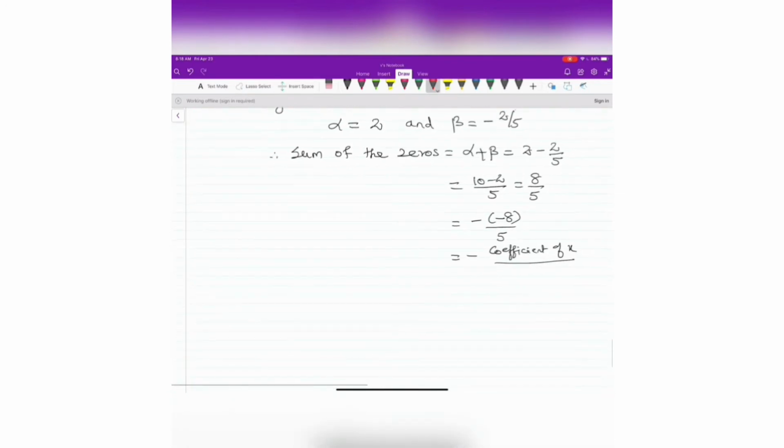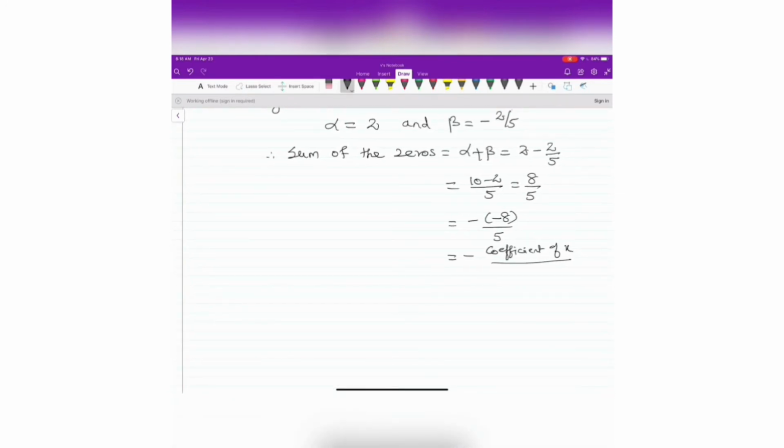So, I can write over here coefficient of x square. So we got sum of the zeros is equal to minus coefficient of x by coefficient of x square. You know already sum of the zeros is equal to alpha plus beta is equal to minus b by a or minus coefficient of x by coefficient of x square. That is what we got it now.